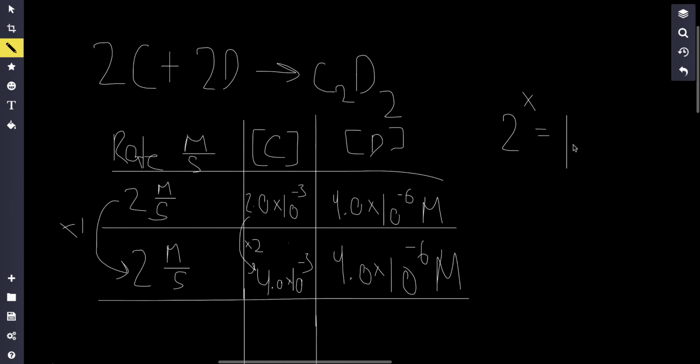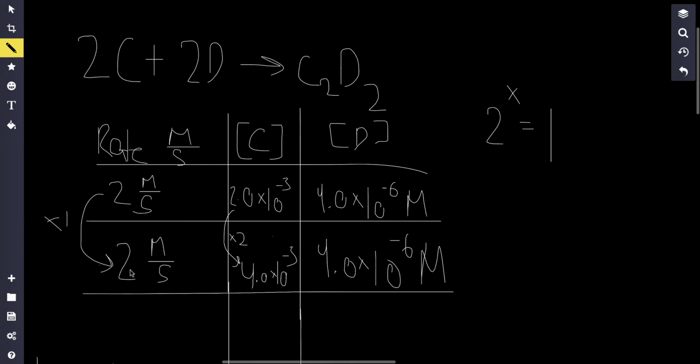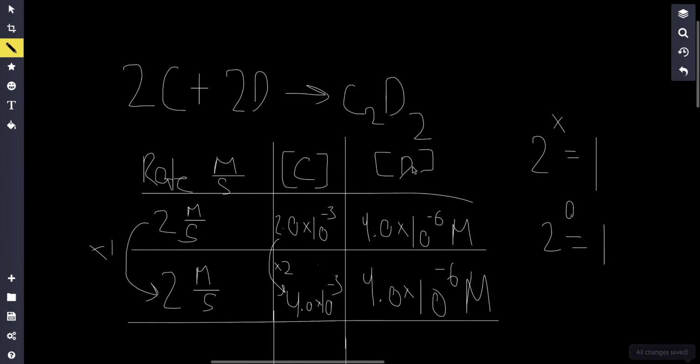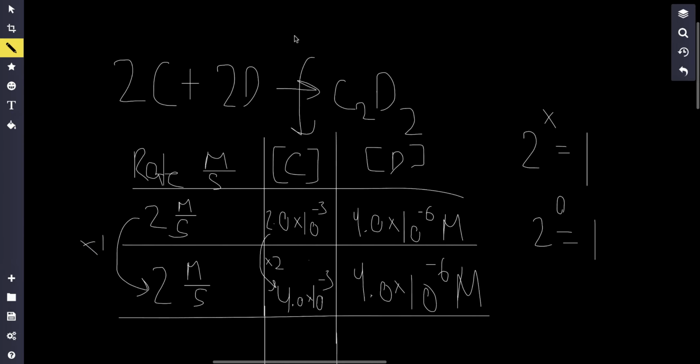It's still 1 times the original rate. So 2 to what power gives you 1? Well, 2 to the 0th power gives you 1. That means this reaction is 0th order. You would say that this reaction is 0th order with respect to the concentration of C.